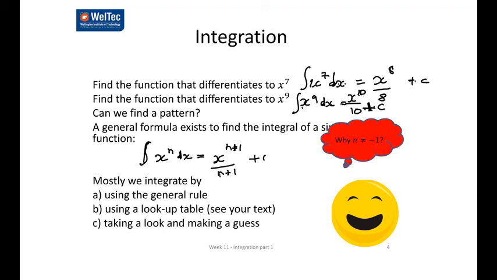Now the question is, why can't we have n equal to -1? Well, the reason is that if n is equal to -1, then our fraction is undefined. So if n is -1, then we're going to use a table. So mostly we use this general rule. If it's not the general rule, then we're going to use a table, and you will be given a table in your exam. And sometimes we can just take a guess and fiddle with our guess to get it right.